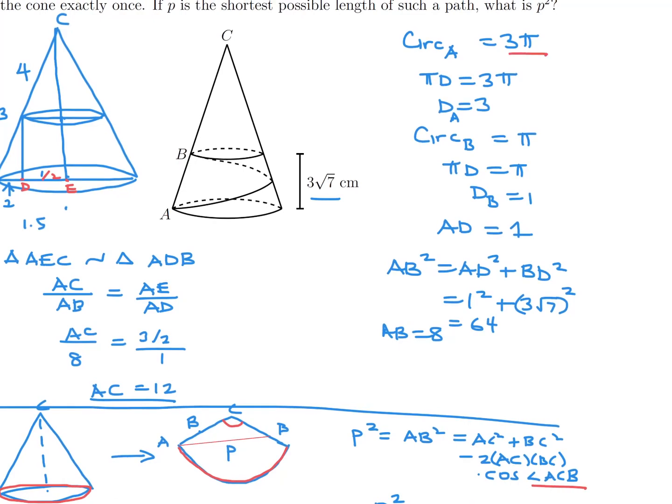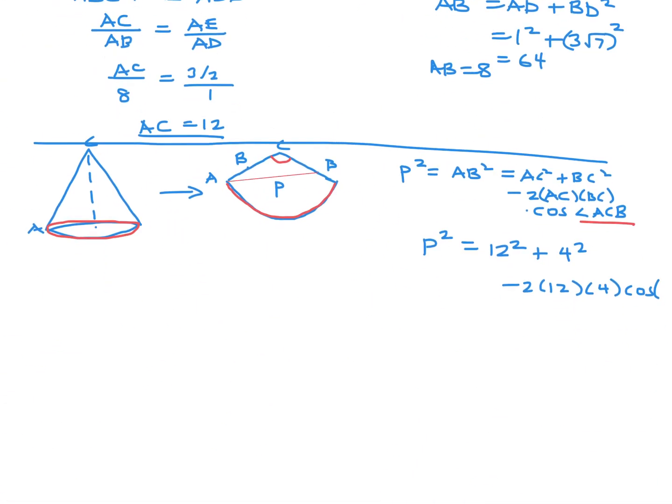That was actually given, I believe. It's 3 pi. So that arc AA is equal to 3 pi.